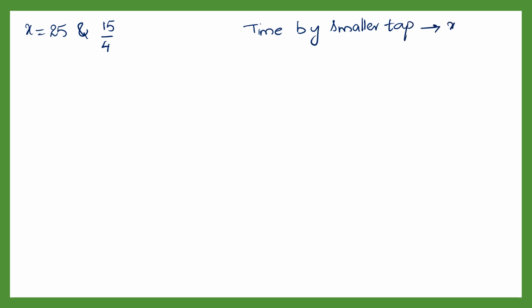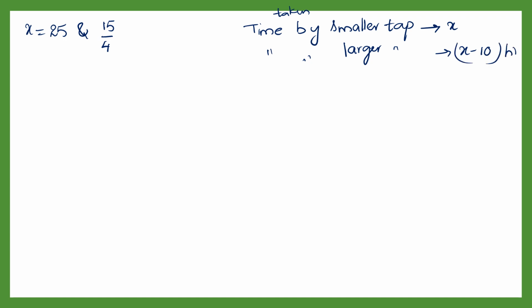The values of x are 25 and 15 by 4. Time taken by the smaller tap, initially we assumed this as x, and time taken by the larger tap to completely fill the tank is x minus 10 hours.